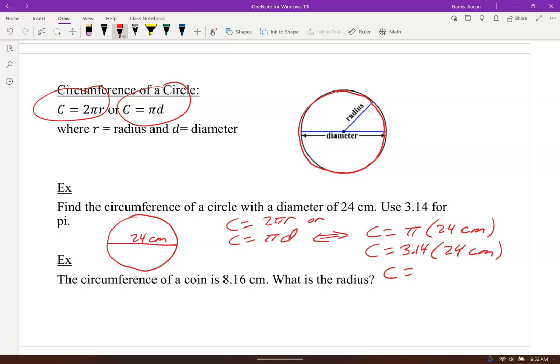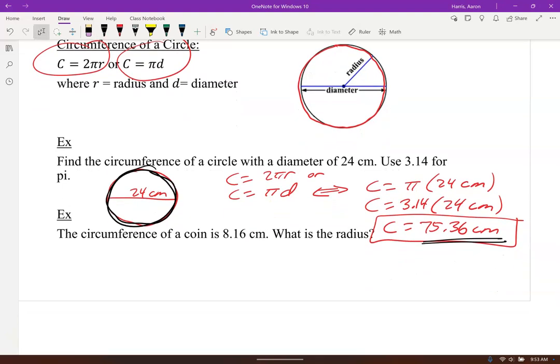And so we got 3.14 times 24. What's that give us? 75.36 centimeters is the circumference, right? In other words, the length all around the circle is 75.36 centimeters.